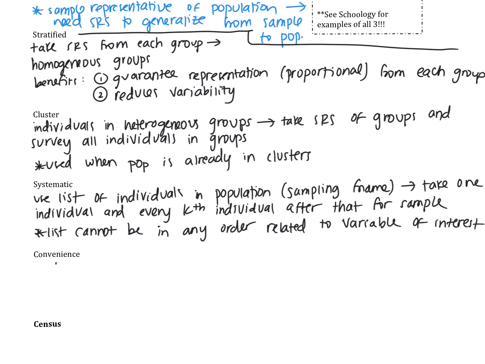A convenience sample is a sample of convenience. I don't have a better definition than that. It's taking a sample in a way that's convenient to you. So for example, if I wanted to study time spent on homework and I used you as the sample, that's convenient to me. What do you think is the problem with convenient samples? Doesn't represent everyone.